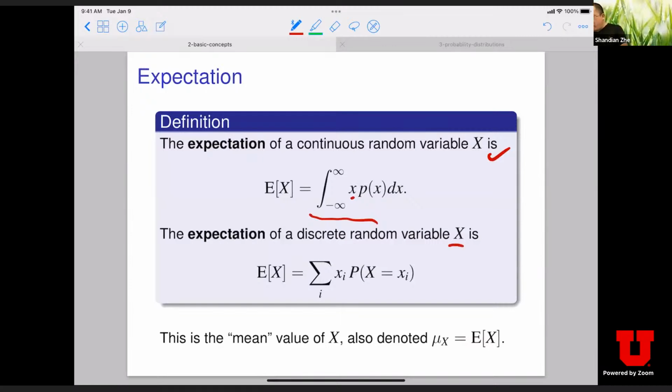If your random variable x is discrete, meaning it takes discrete values, it is a weighted summation of all possible values that x can take, weighted by the probability mass on each value. But if we take a more general view, a summation is essentially a general integral, so it can always be written as the integral of x and the density of x.